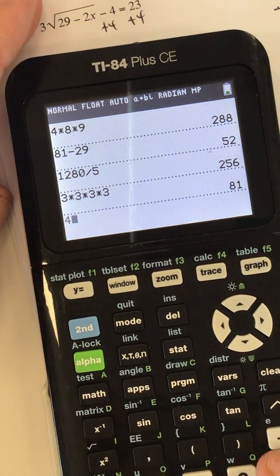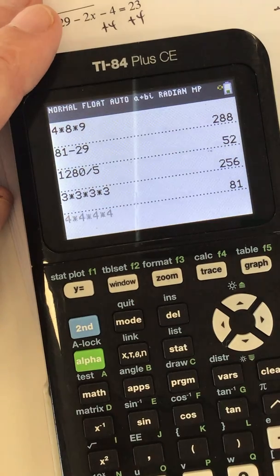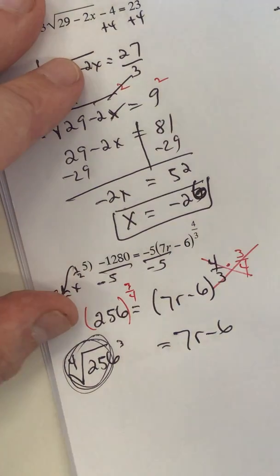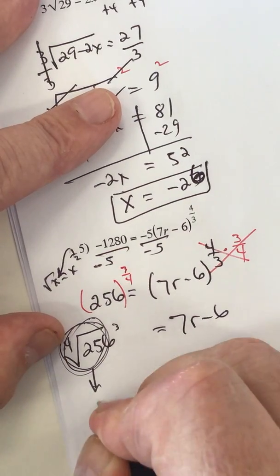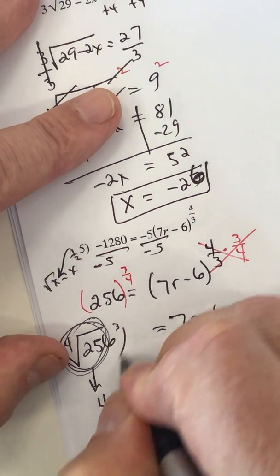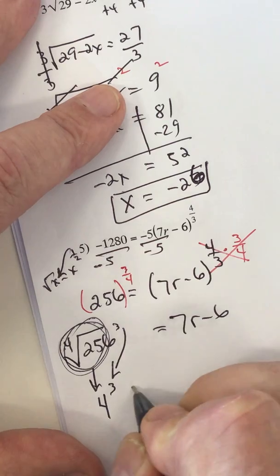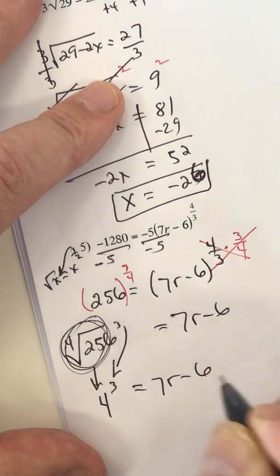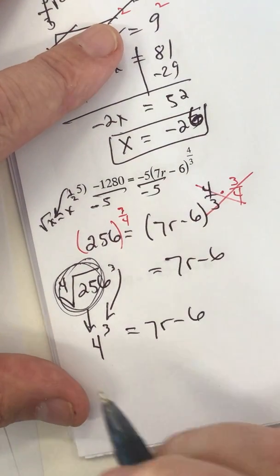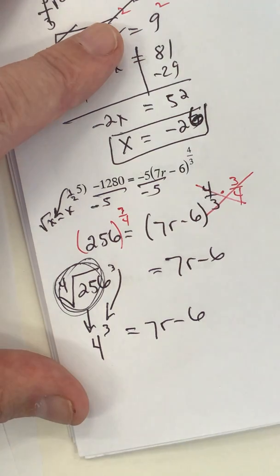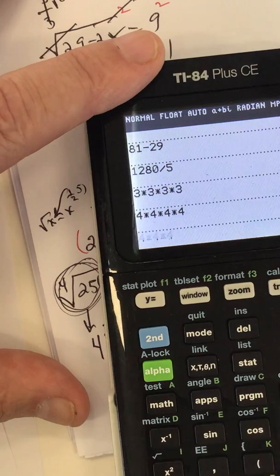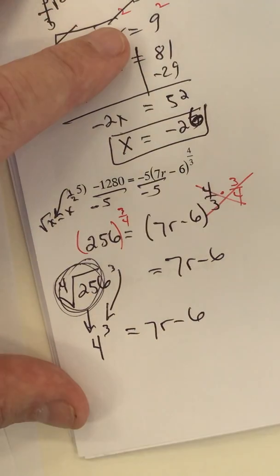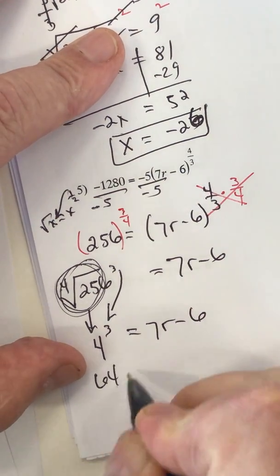That's not enough. 4 times 4 times 4 times 4, that's 256. 4 numbers that multiply together to be 256, that is the number 4. And then the power is on it still. So 4 to the 3rd is 4 times 4 is 16 times 4, it's 64. So this piece is 64.